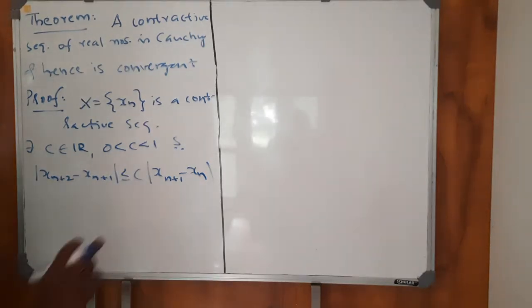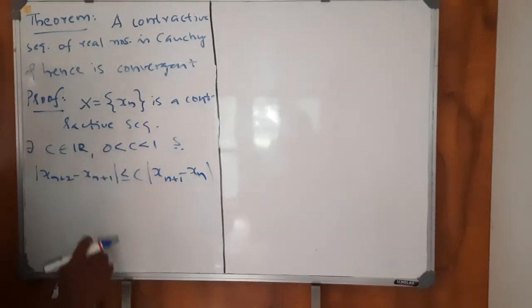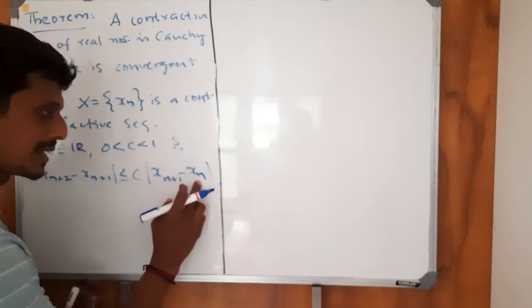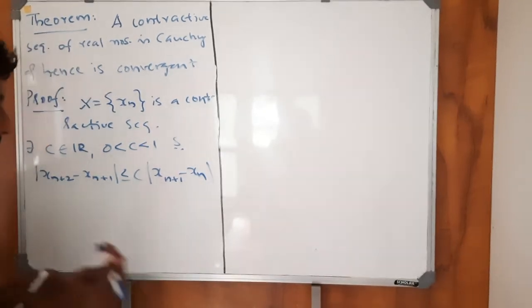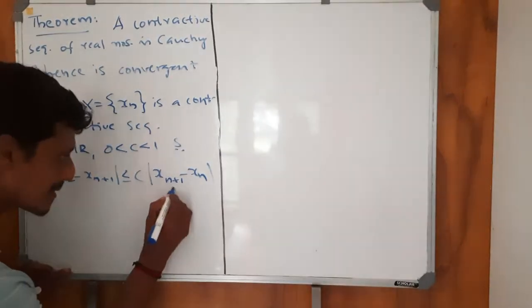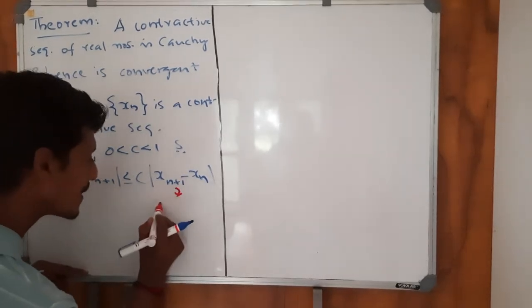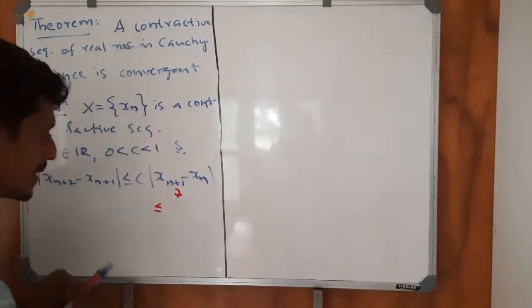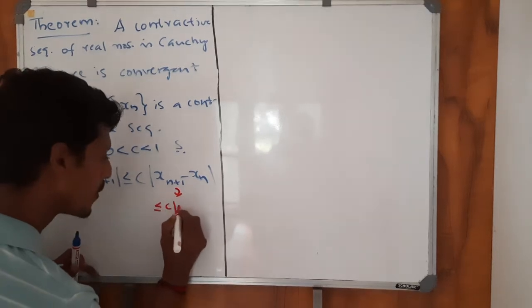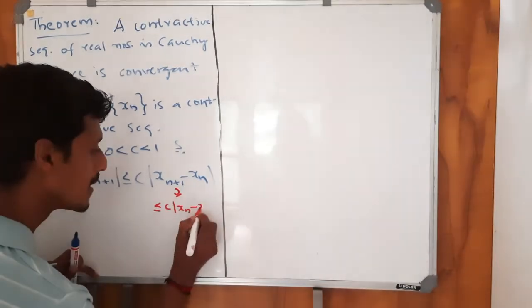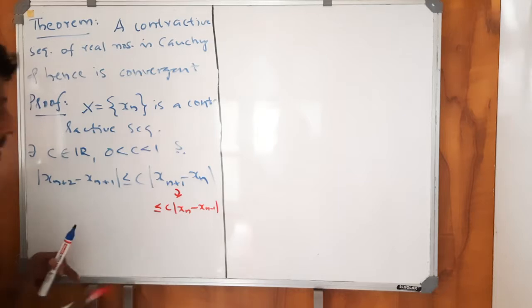So again applying the definition of the contractive sequence to the terms xn+1, xn and xn-1, this term is less than or equal to c |xn - xn-1|.